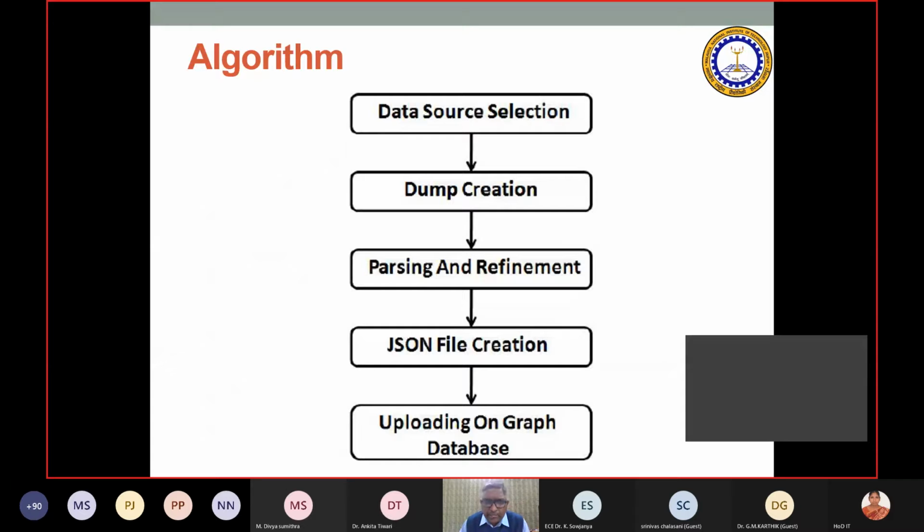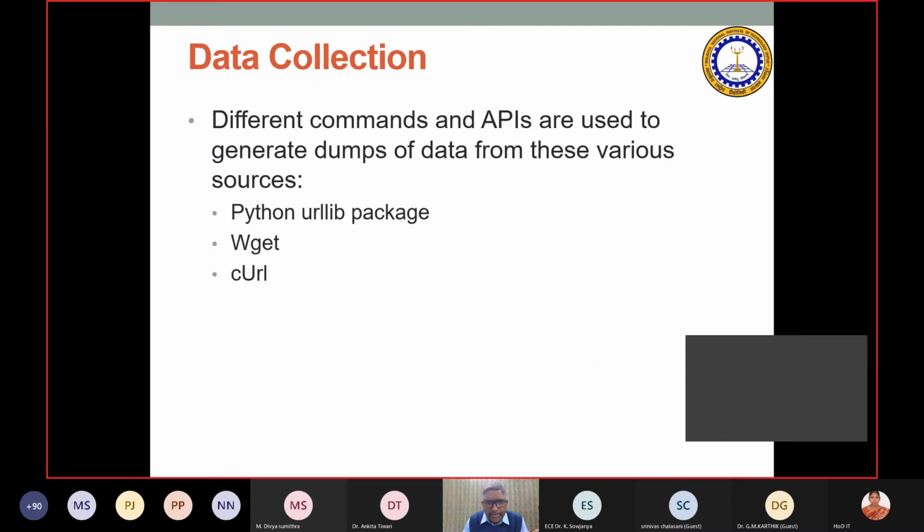So the method was to collect the data from the data source selection and create a dump from the web scraping that I talked about. Then you parse and refine it, create a JSON file, JavaScript Object Notation file, and then upload it onto the graph database. So different commands to get the dumps: the Python urllib package is there, or wget, or curl.